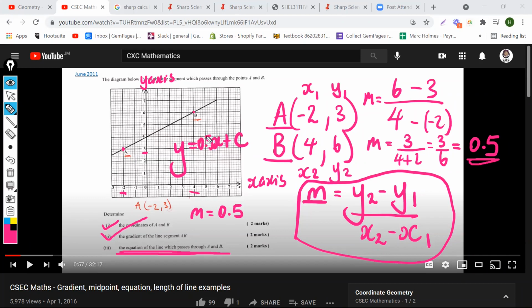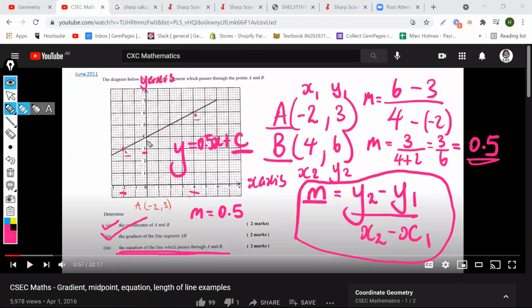And c is the y-intercept. What is the y-intercept, guys? It's the point at which the line cuts the y-axis. Where does it cut? It cuts it at 4.